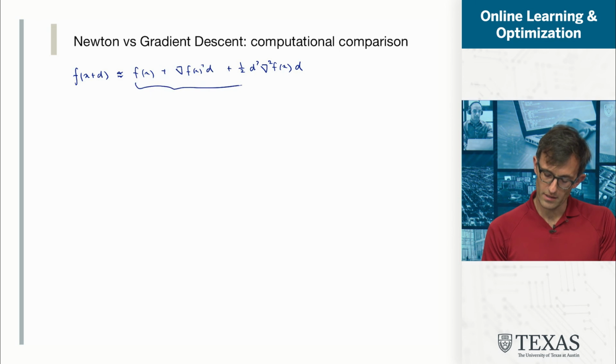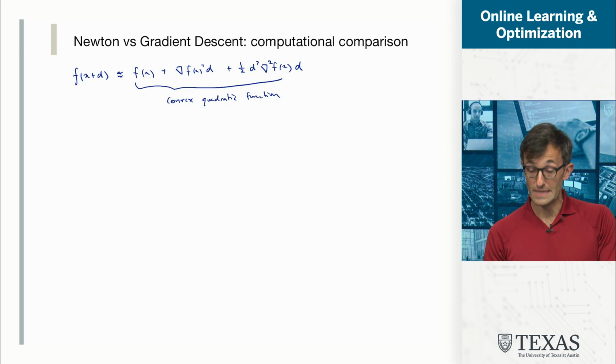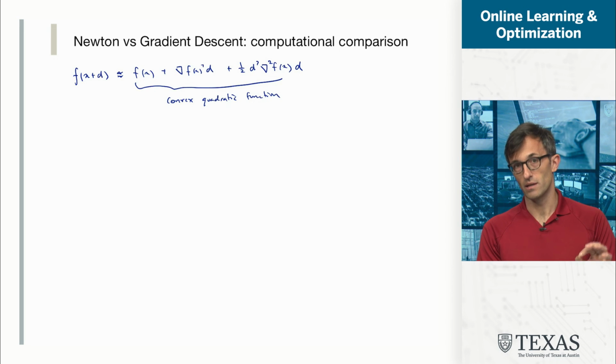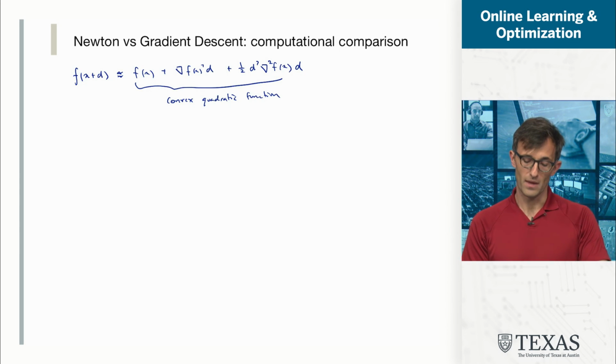This is a convex quadratic function in what variable? d, right? Because x is fixed. I'm doing a quadratic approximation of f around the point x. It's d that varies. So I want to regard the right-hand side as a function of d, and I want to find the best d.